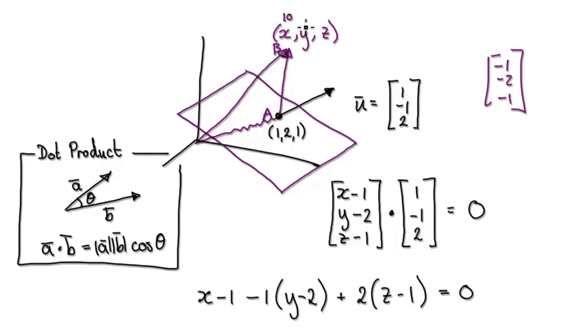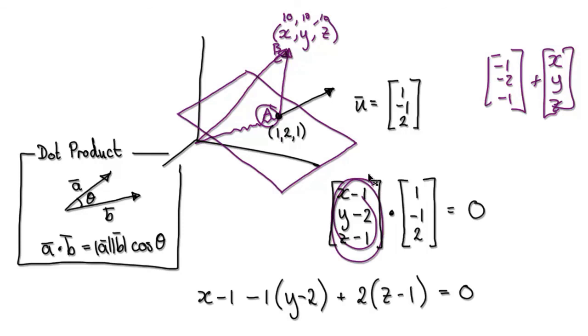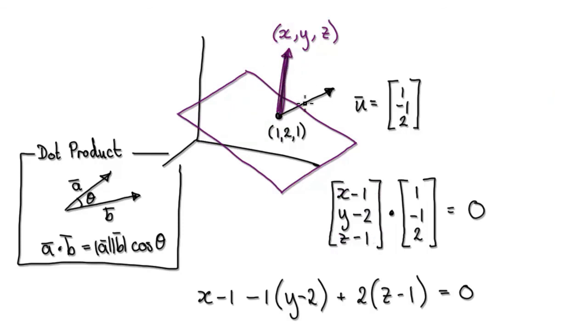Just imagine this point is (10, 10, 10), so you would just move to (10, 10, 10). But in our case, it's plus x, y, and z. So the vector from A to B is given by this. You demand this purple vector to be at 90 degrees to our normal vector. That's how you would describe the equation of a plane.